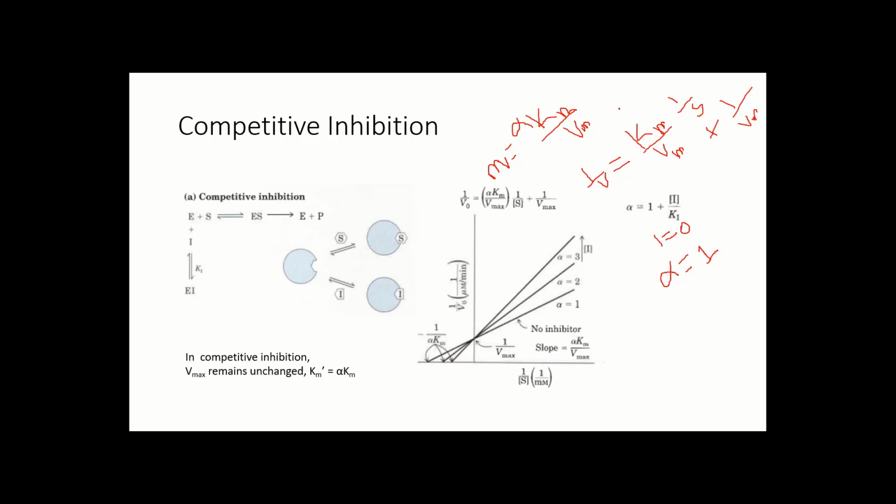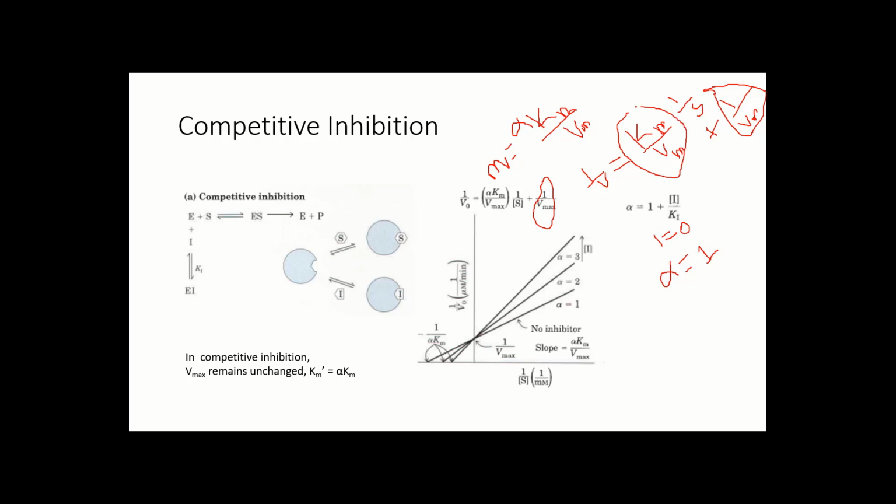If you follow, you can see the intercept here is 1 by Vmax in the presence of the inhibitor, and in the absence of the inhibitor the intercept is also 1 by Vmax. So in competitive inhibition, the intercept will not change, but the slope will change. In the presence of the inhibitor the slope is alpha Km by Vmax, but in the absence of the inhibitor the slope is Km by Vmax.